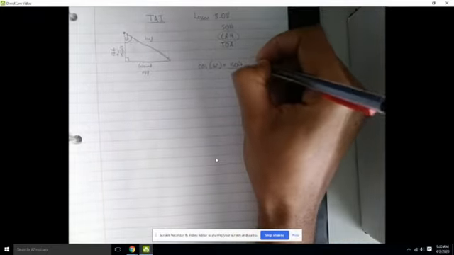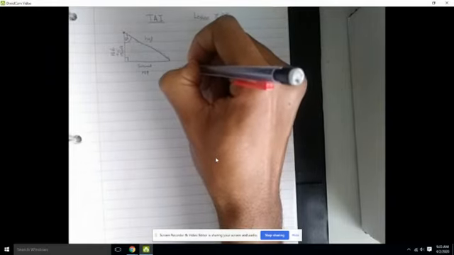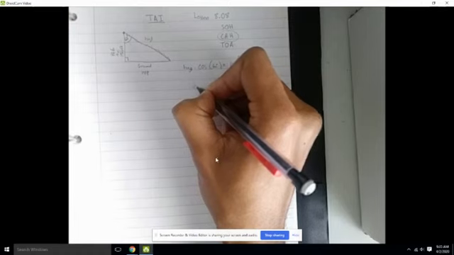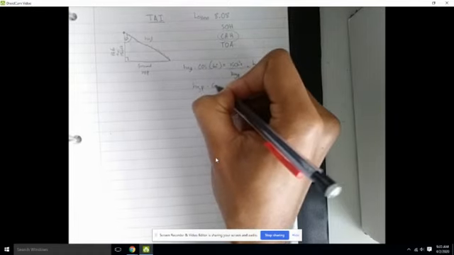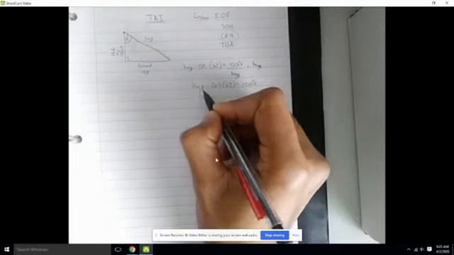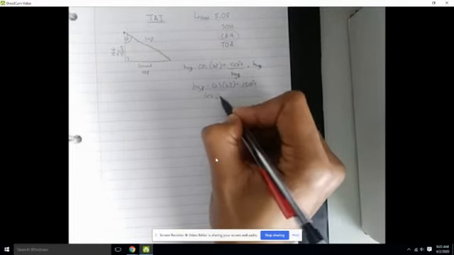So what you would end up doing is multiplying both sides by the hypotenuse. These would cancel. So the hypotenuse times the cosine of 62 equals 150 feet, which would mean that you would now have to divide both sides by the cosine of 62.